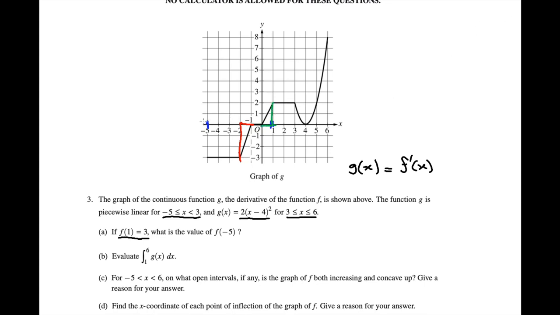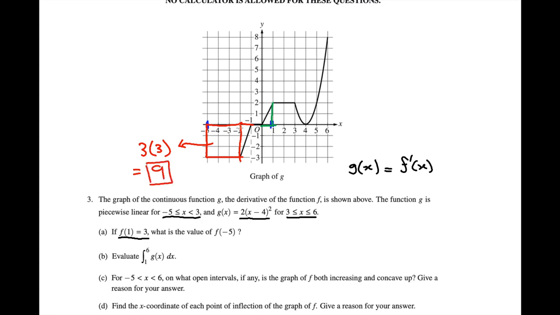Okay, so for this square here, my area is going to be just the width times the height. This is a 3 by 3 square, because we go 3 units. So the area is just going to be 3 times 3, which is 9.